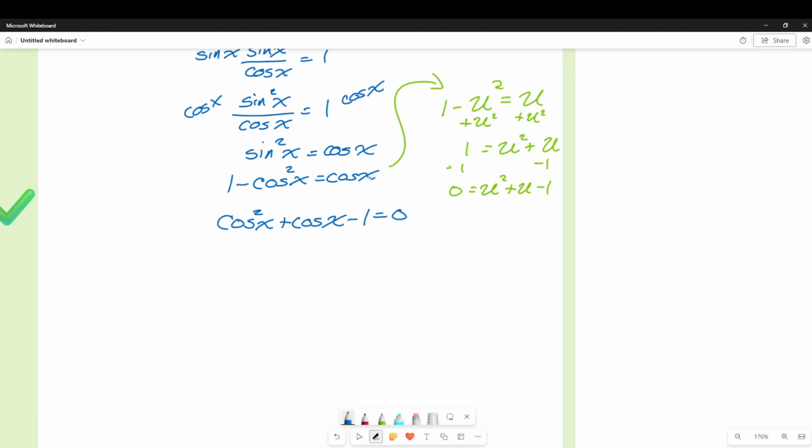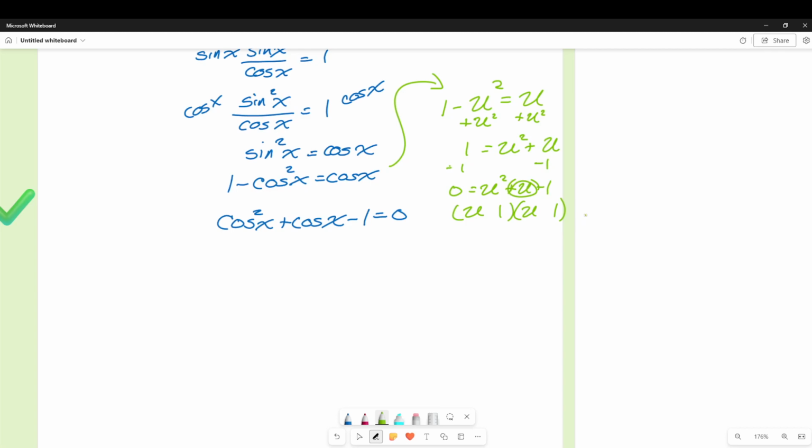And then ideally trying to factor that, but I don't know, this doesn't look factorable. We'd have u and 1 and 1, and there's no way to get that nice 1 in the middle.